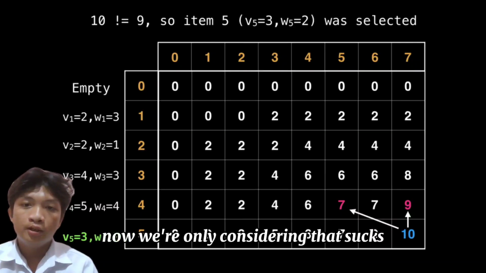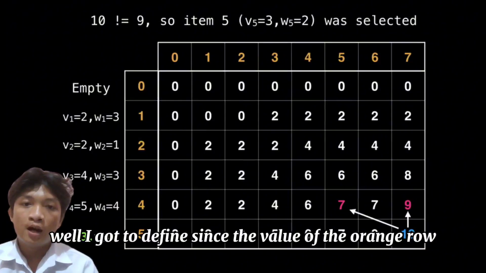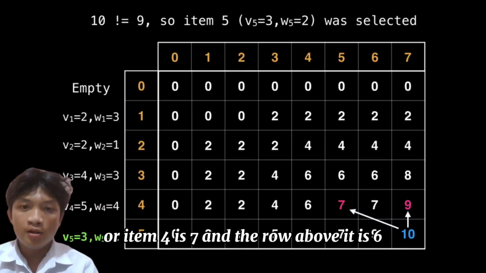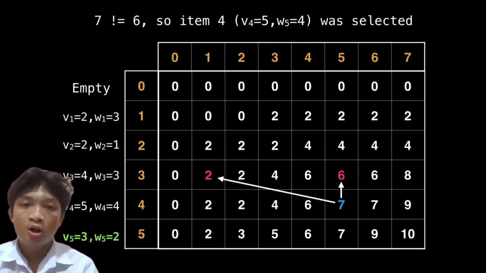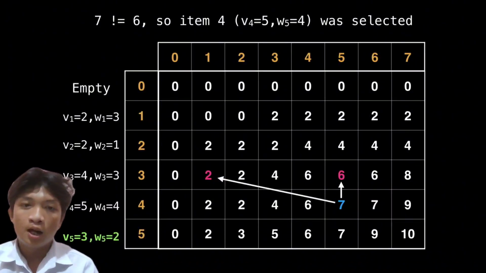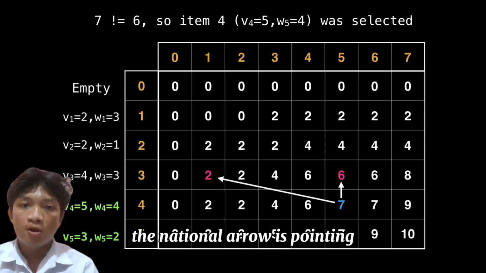Now we're only considering knapsacks of capacity 5, since the value of the current row for item 4 is 7 and the row above it is 6. We need to include item 4 as well, so item 4 gets included, and again we reduce the knapsack size and move to where the diagonal arrow is pointing.